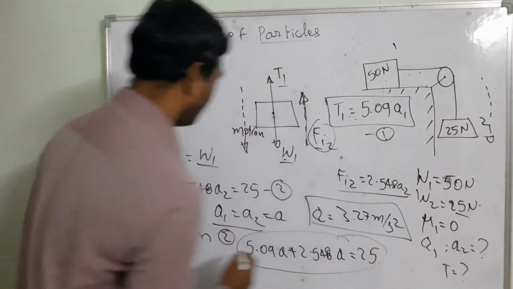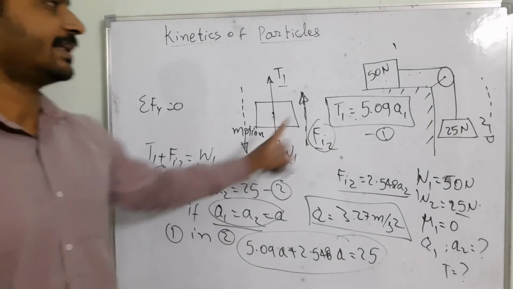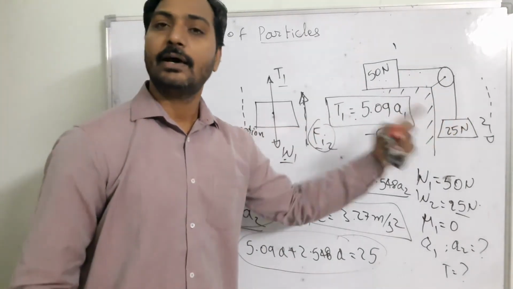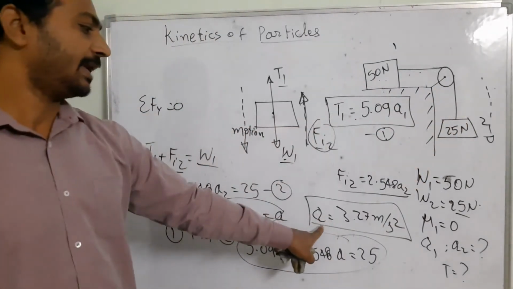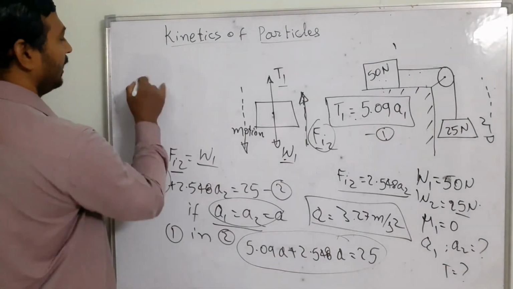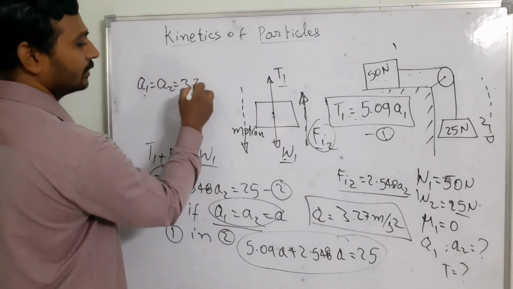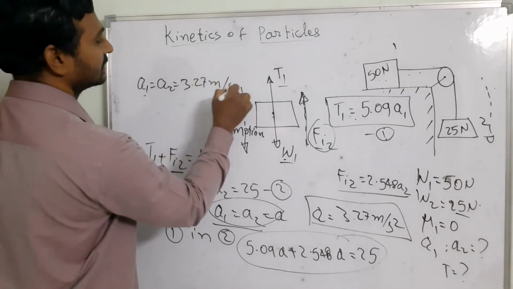Can you see? By assuming only this parameter, only then can we do this part, because the tension is going to be common. The only other parameter is the A1 that we need to calculate. So from these equations I am writing A1 is equal to A2 is equal to 3.27 meters per second square.